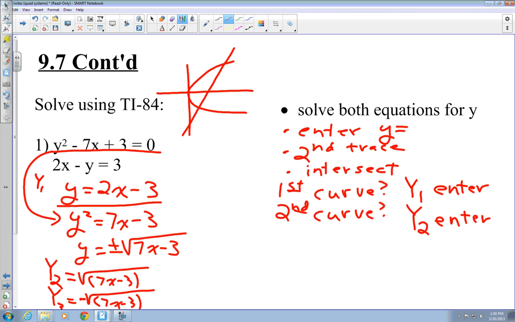So if it won't let you push enter, make sure that your cursor is somewhere in the vicinity of that intersection point. You can move it with the left and right buttons. Then it'll say guess. Make sure that your cursor is close to that intersection point and push enter. And it should tell you 4, 5.